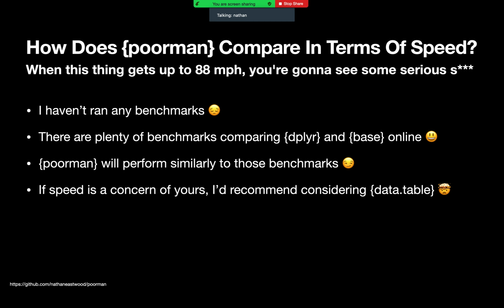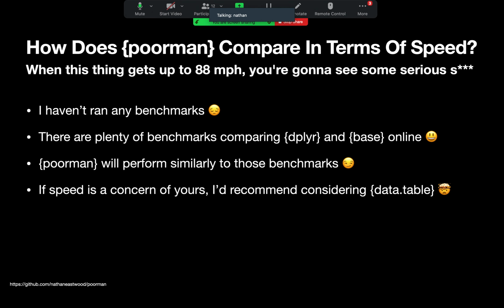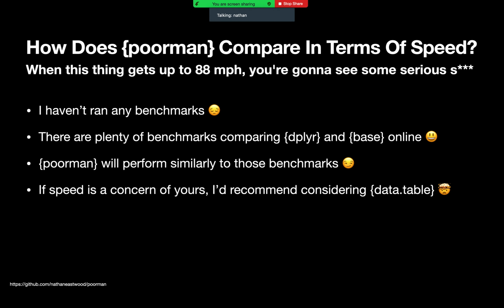But I guess the bottom line is, and the reason why I find this question quite confusing, is that if speed is a concern, I would probably just recommend using or considering data.table, which, if you look at the benchmarks, seems to be faster than dplyr.